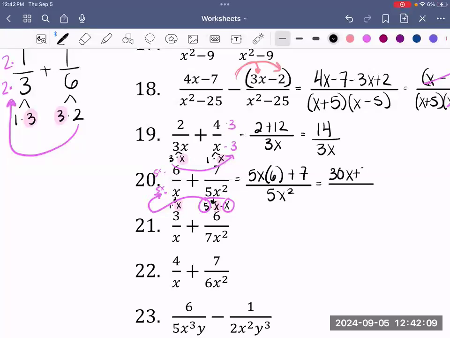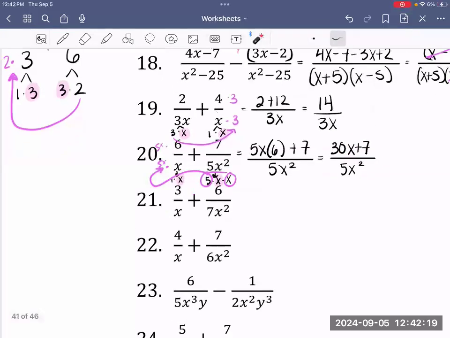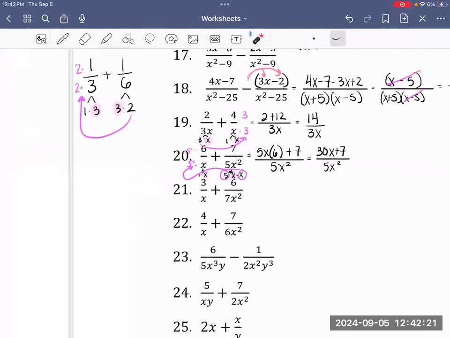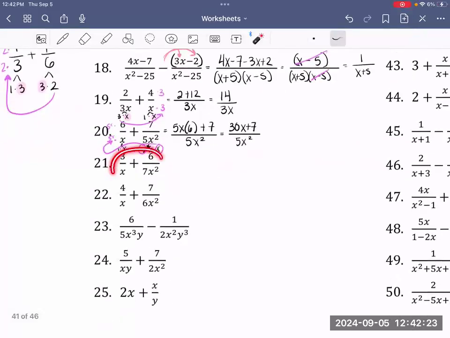So you have 30x plus 7 over 5x squared. And because 30 and 7 have nothing in common, they can't be factored any further. I do suggest that you guys practice just some of the remaining ones from that side.